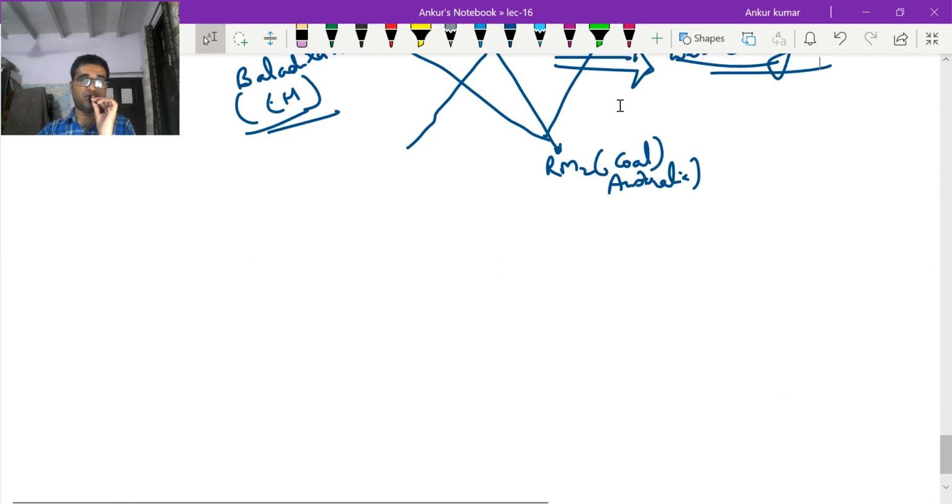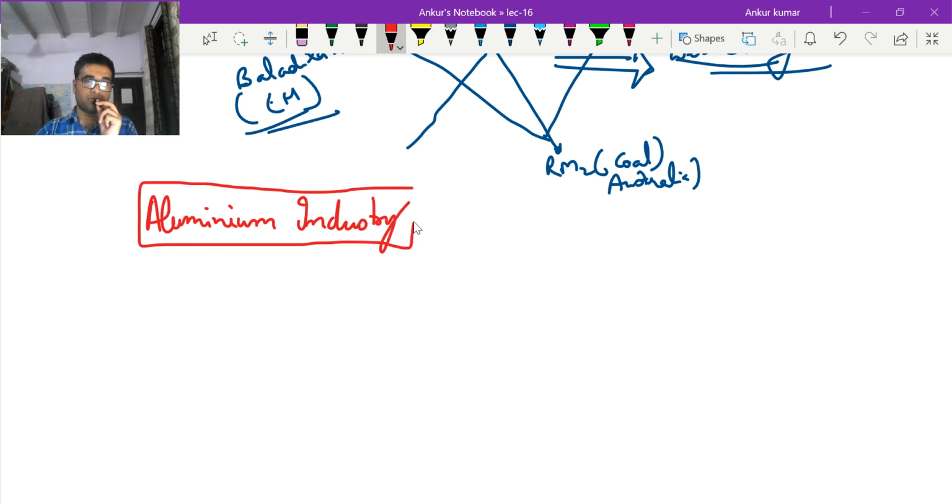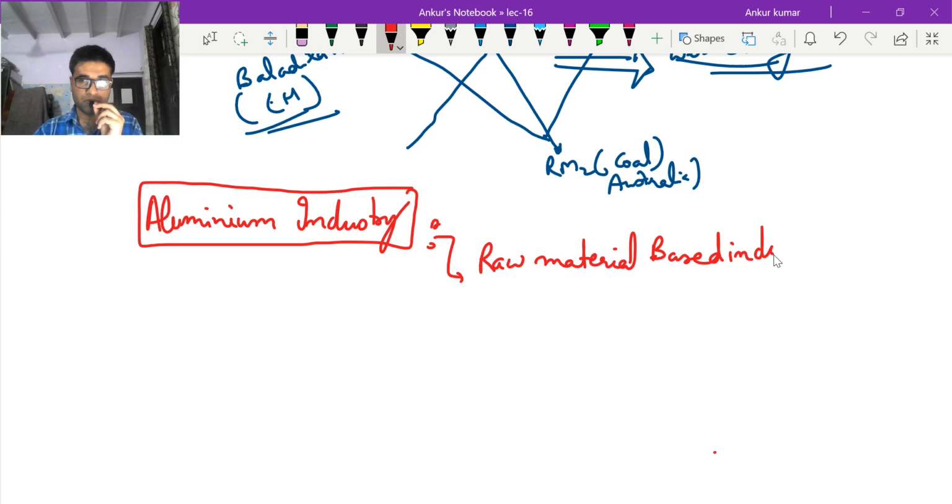Okay, so iron and steel we did in complete detail. Moving on to the next industry, that is the aluminium industry. So aluminium is again a raw material based industry, and raw materials are two here.